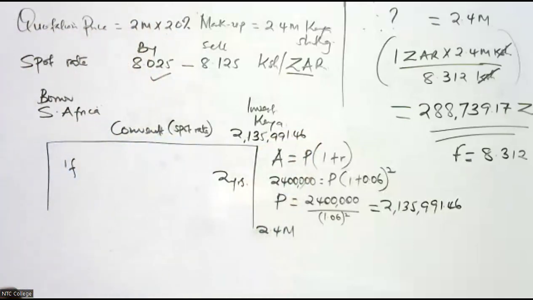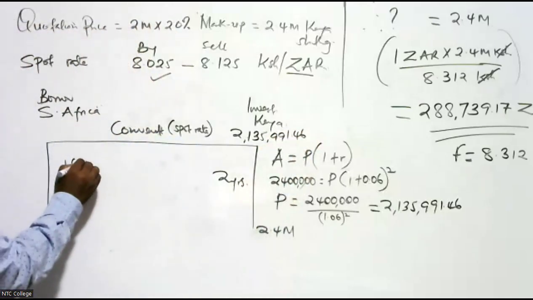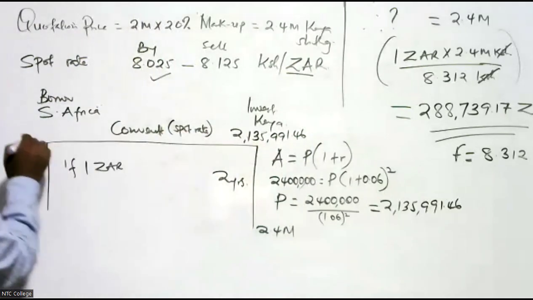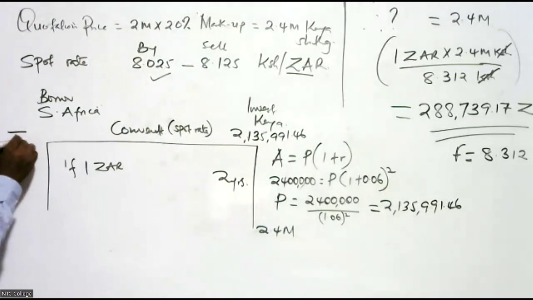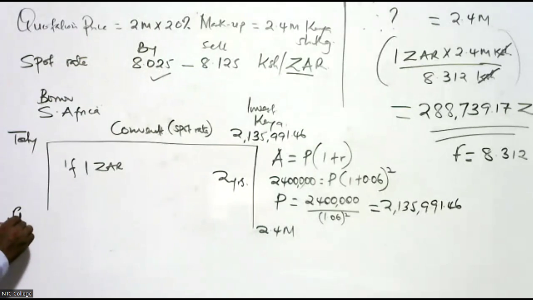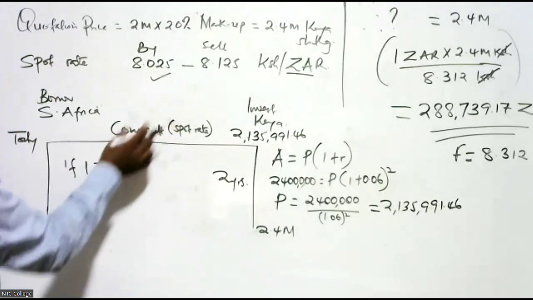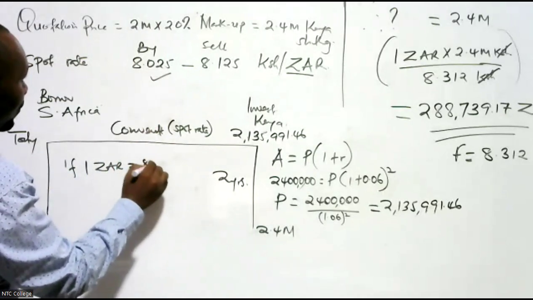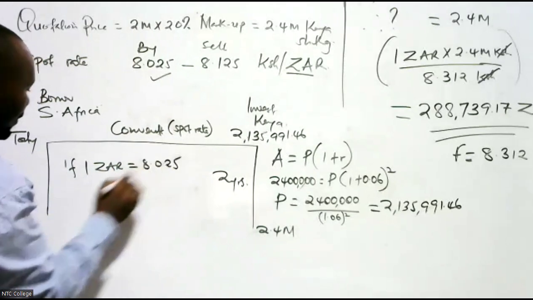So we shall say that if one ZAR today, remember this is today, happen leo, happen in 2 years time, future, 2 years time. So if one ZAR today, the bank will take from us at this one.